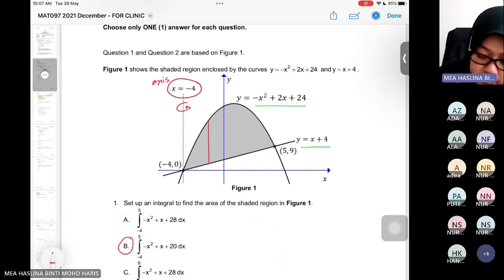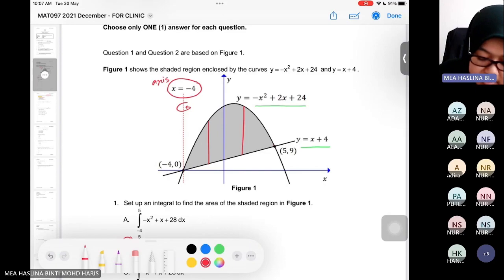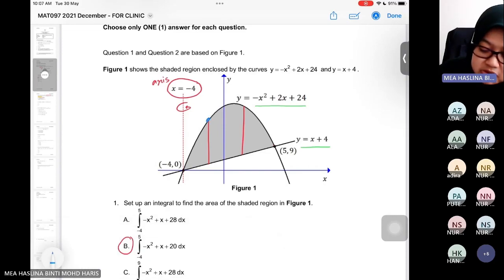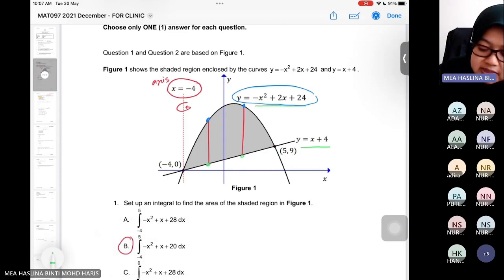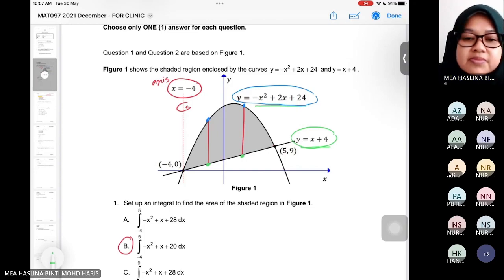Anywhere you draw, you will see that the top point always belongs to the curve and the bottom point always belongs to the line. So how many regions are there that you have to do if you want to use the cylindrical shells method? Can I have a response? How many regions are there?